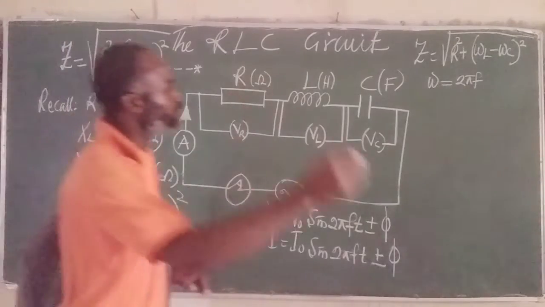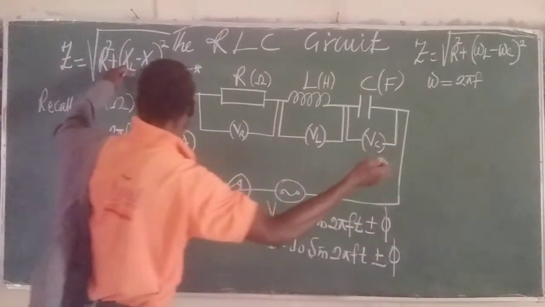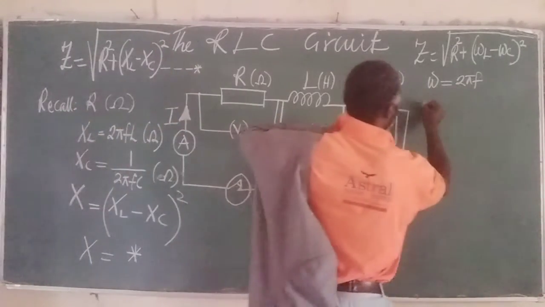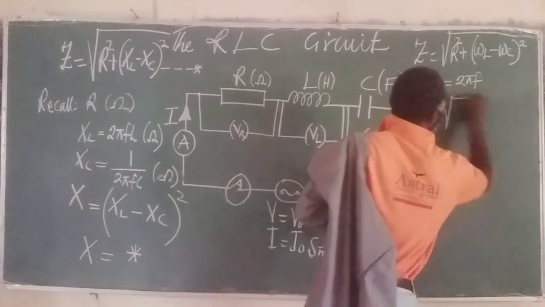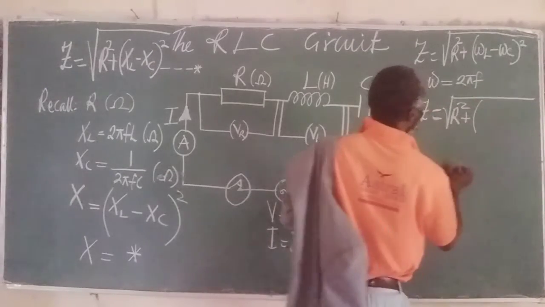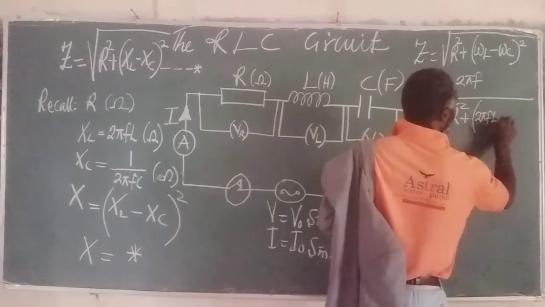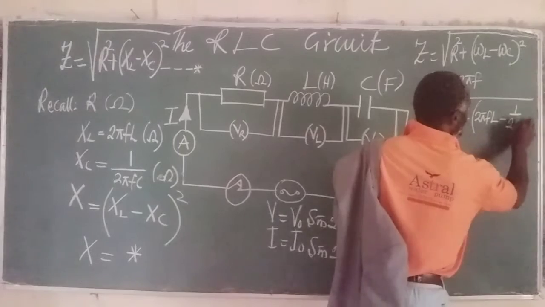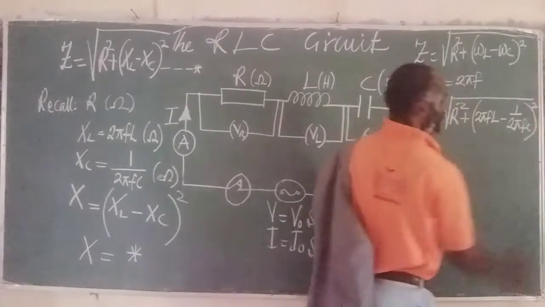If we now substitute these accordingly, we now have Z is equal to the square root of R squared plus, bracket open, for this we have 2 pi FL minus, for this we have 1 all over 2 pi FC, all brackets closed and then squared.